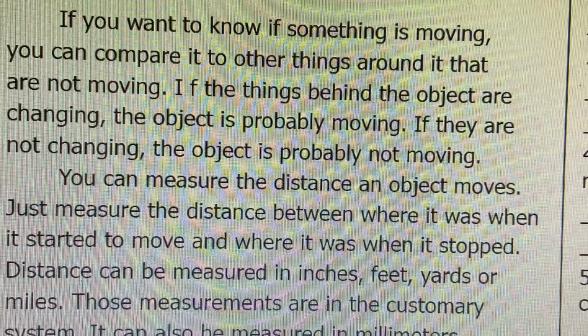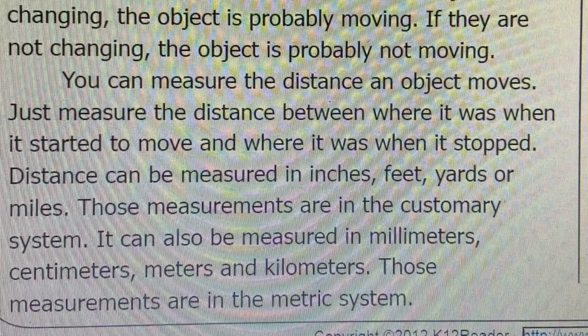If you want to know if something is moving, you can compare it to other things around it that are not moving. If the things behind the objects are changing, the object is probably moving. If they are not changing, the object is probably not moving. You can measure the distance an object moves.